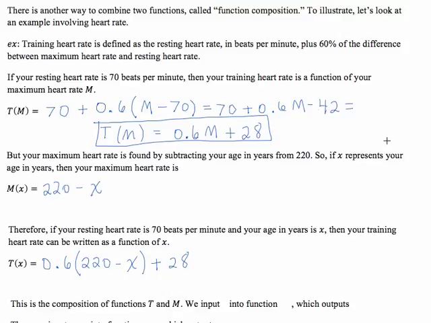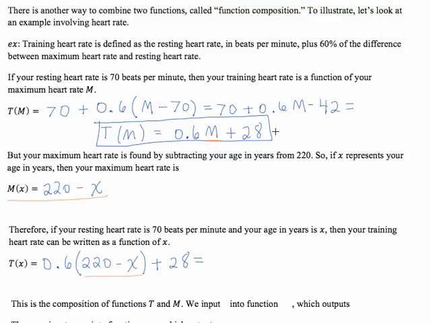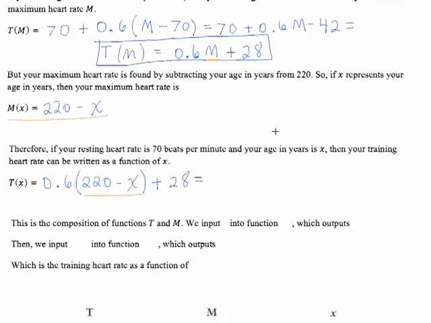So this M corresponds to that, which corresponds to that. This is your training heart rate written as a function of your age now, which we could also simplify, although we don't really need to at this point. The point is that training heart rate depends on maximum heart rate, which depends on X.